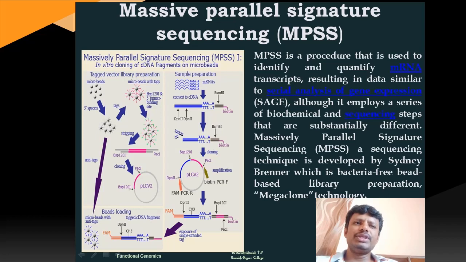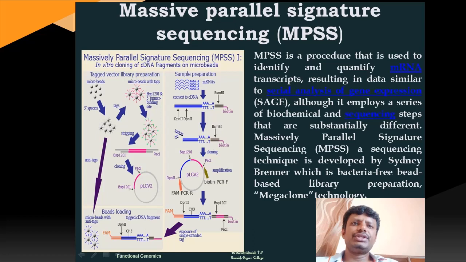Several rounds of sequence determination take place using hybridization of fluorescent labeled sequences, which will be around 16 to 20 base pairs from each bead. Fluorescent imaging captures the color and gives the signals, all of which are fixed to a two-dimensional surface. The DNA sequences are determined from all the beads in parallel, hence the name MPSS.